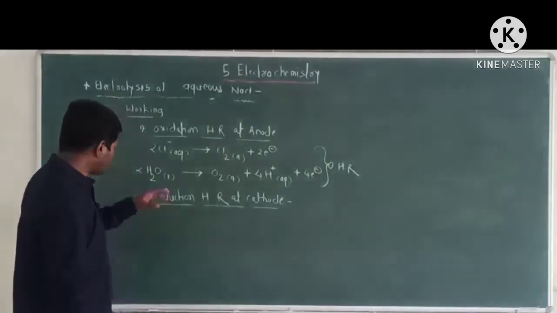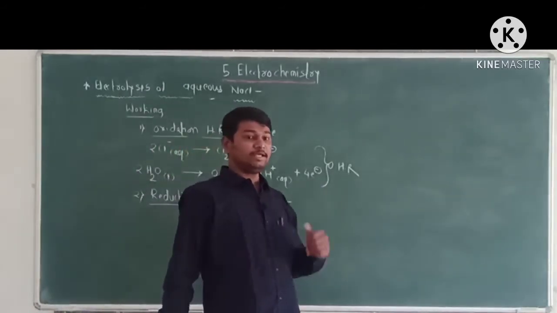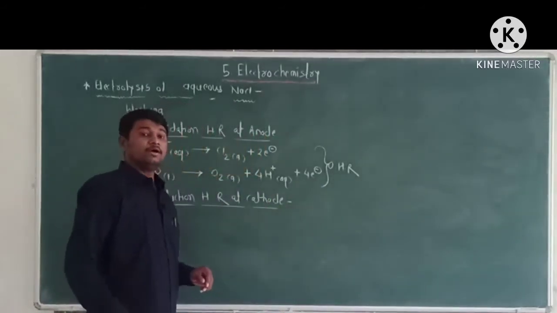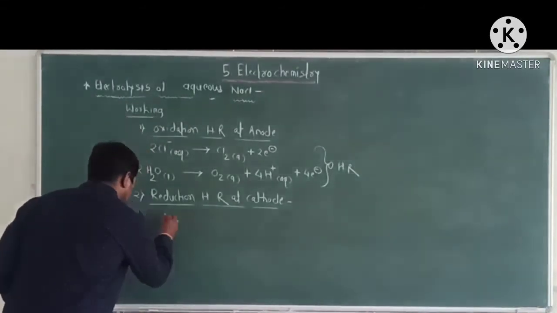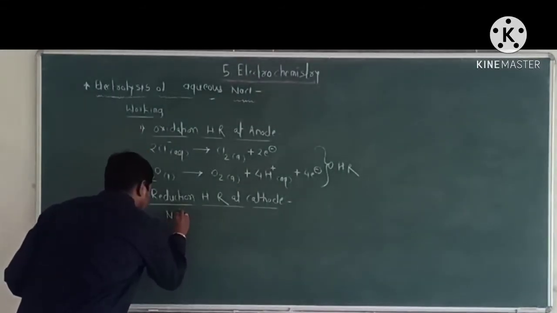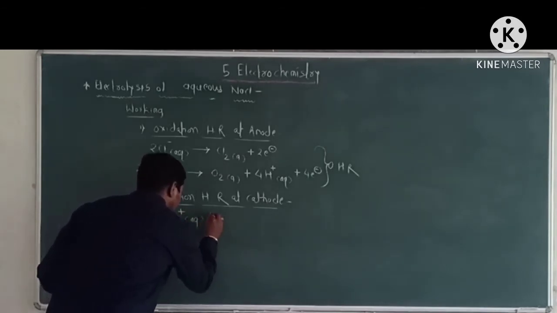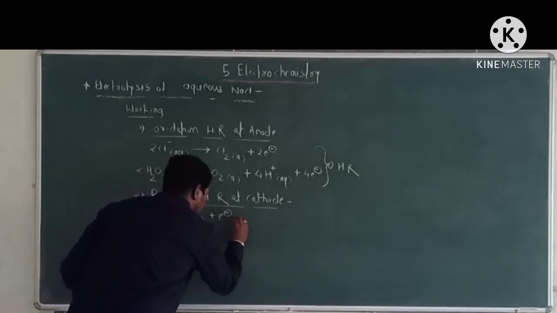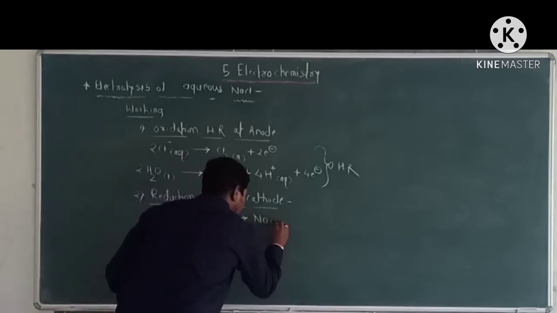Now at the cathode, the Na plus ion accepts the electron from the cathode and is reduced into metallic sodium. That is, Na plus aqueous accepts the electron and reduces into metallic sodium.